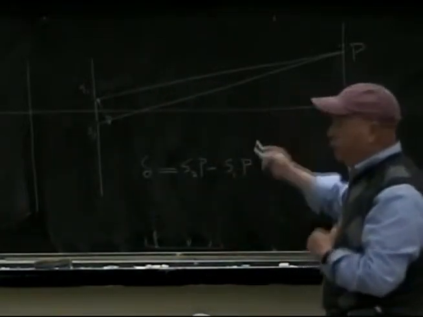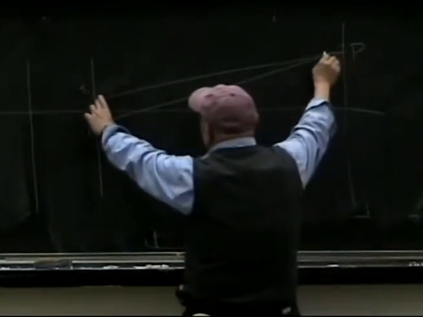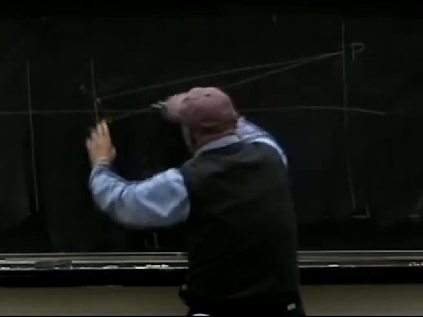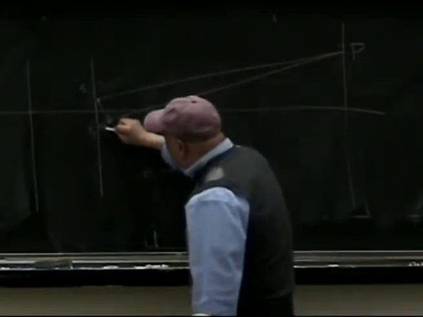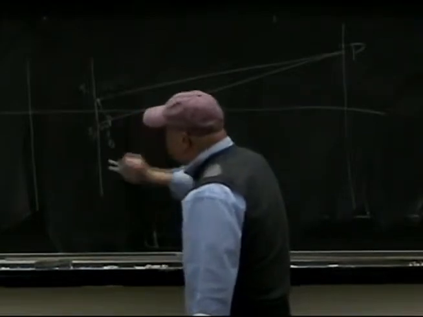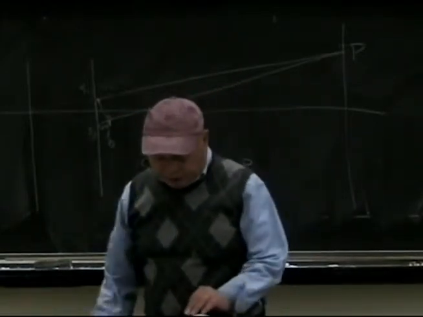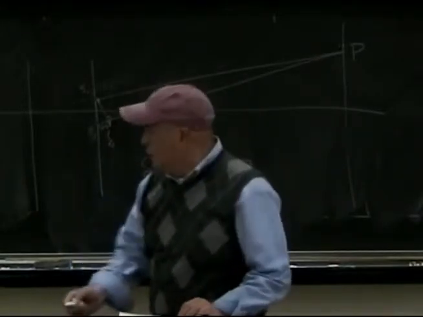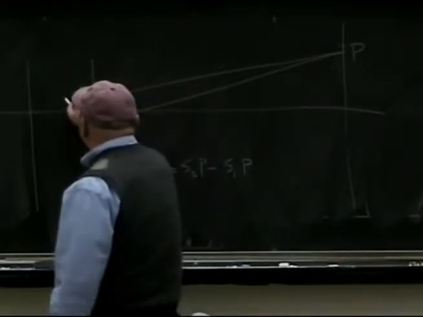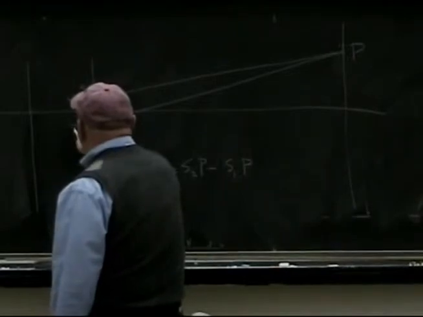It propagates to reach here, and the distance is so far away that this length and this length are the same. So what is different here is the delta. It's a delta, which is considered as a path distance.